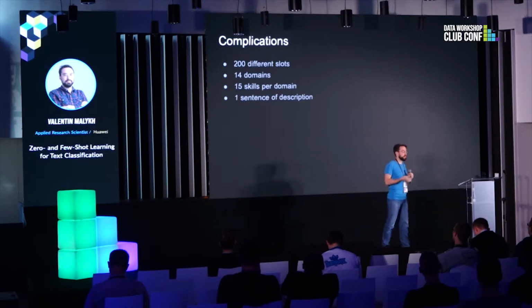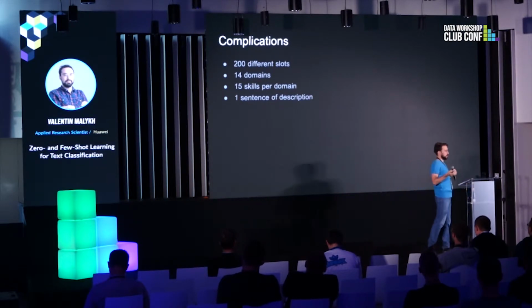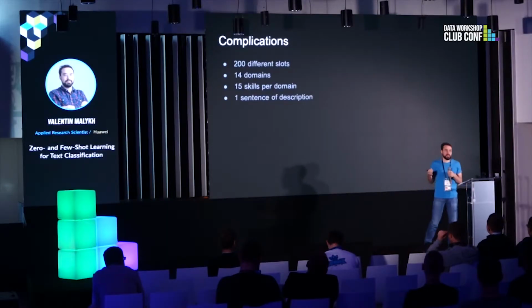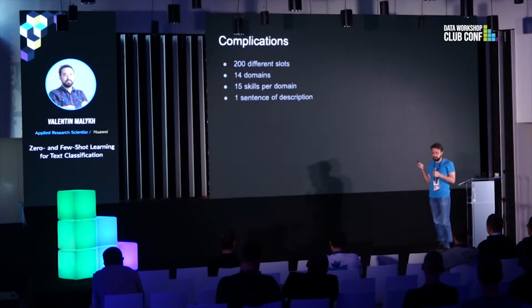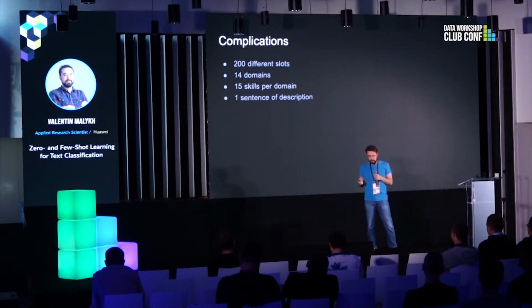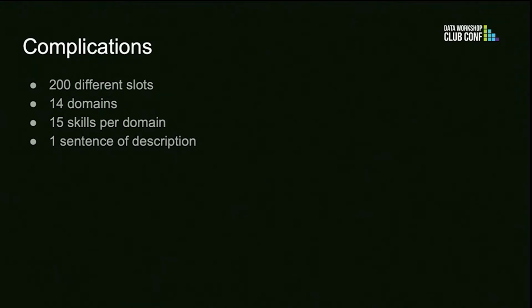What is the sentence of description? For example, in this restaurant domain, we have a location slot, and the location slot has a description: a place where the restaurant is situated. Something like this, this is just an example from my head. And the idea here is that this could be not enough.